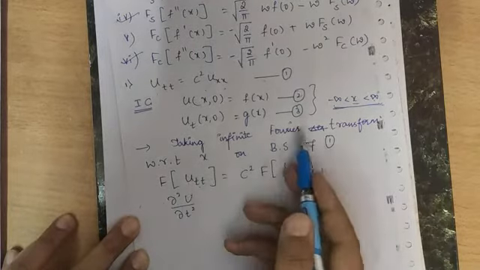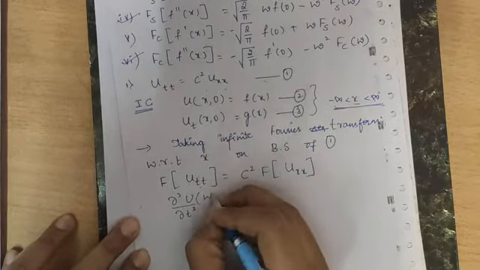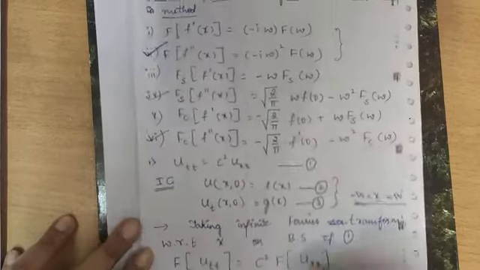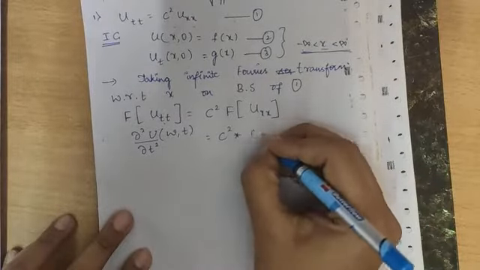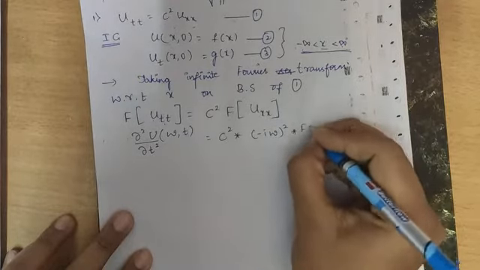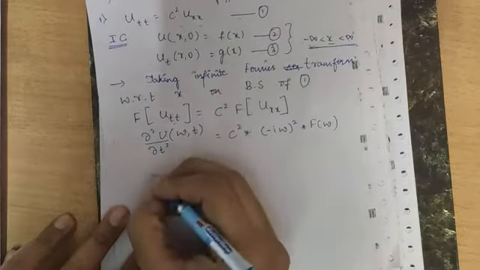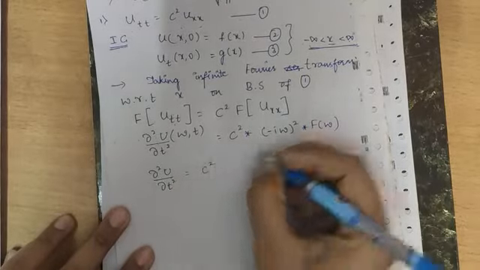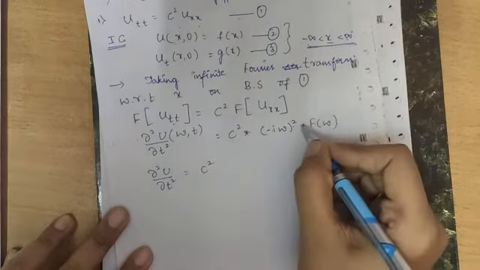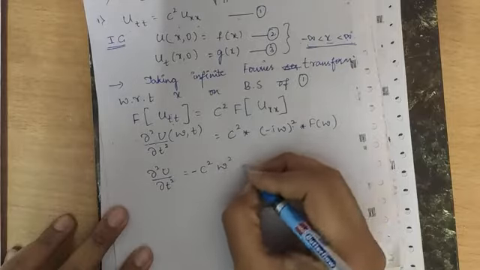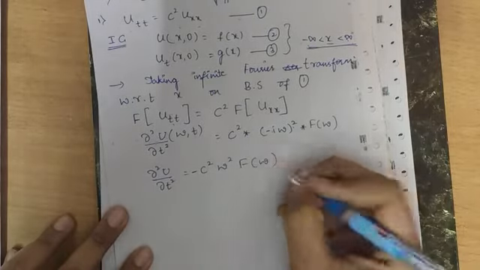So after applying Fourier transform, u becomes a function of omega and t, which is equal to c square into, using formula 2, I can write this as minus I omega whole square into F of omega. Minus I whole square is plus I square, whose value is minus 1. So c square omega square F of omega.